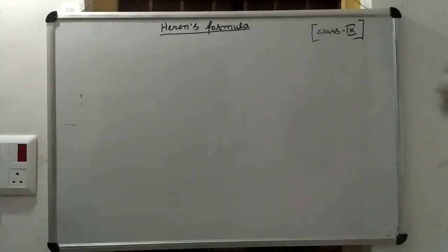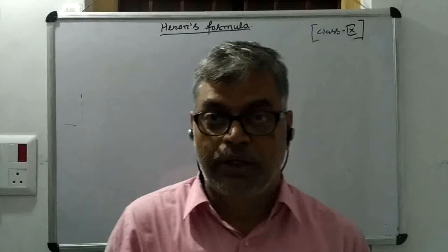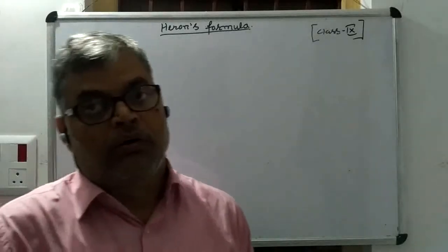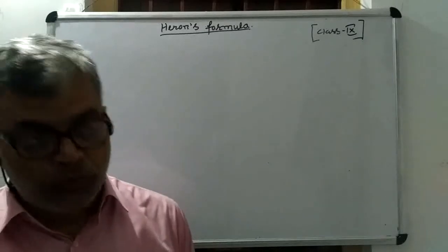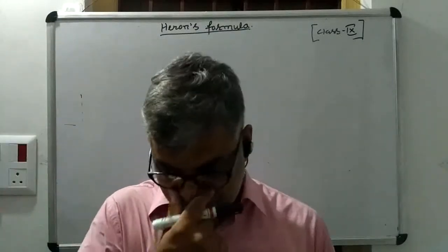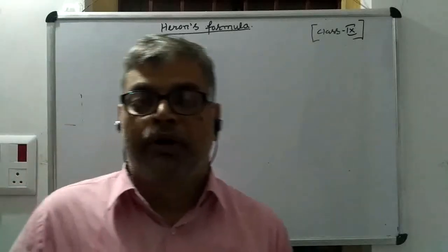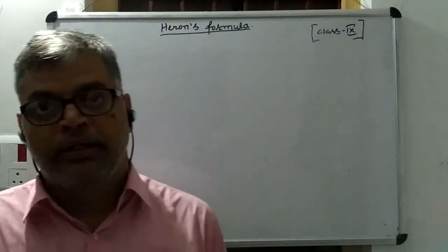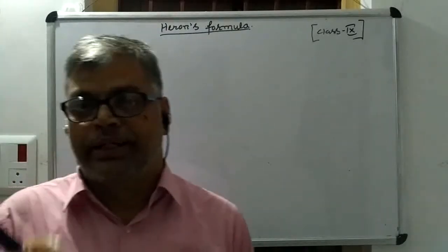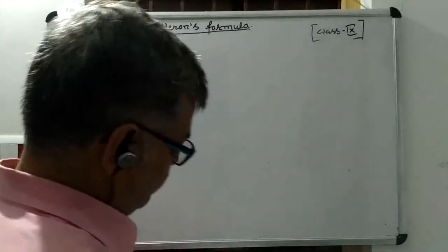Now children, after completing exercise 12.1 of Heron's formula, today we have to learn about the application of Heron's formula in finding the areas of quadrilaterals, which is your exercise 12.2.